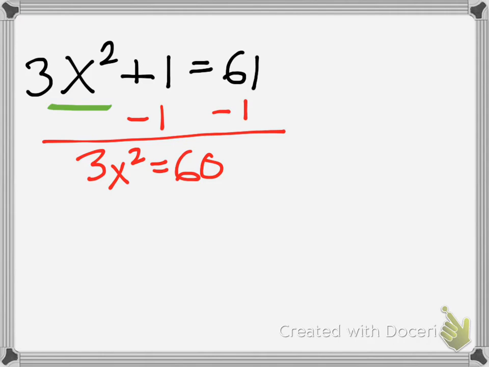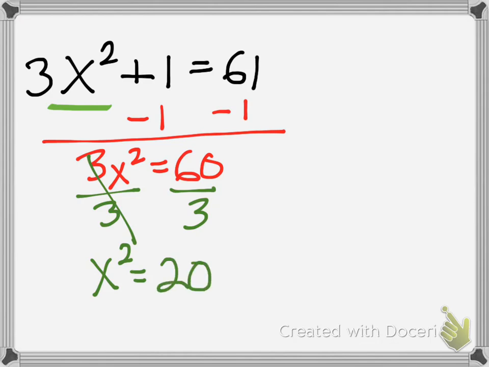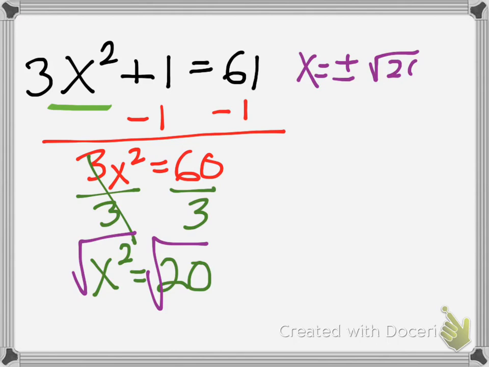Next, to finish isolating the x squared, we have to divide both sides by 3. x squared equals 20. Now that the quadratic term is isolated, it's all by itself, we can square root both sides. We get x equals plus and minus the square root of 20.